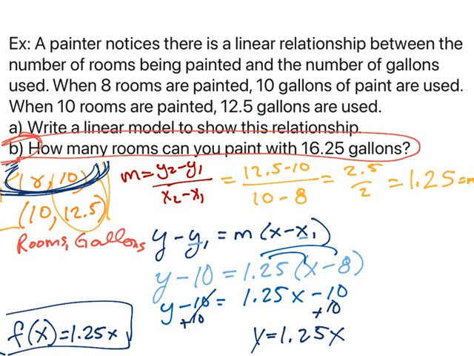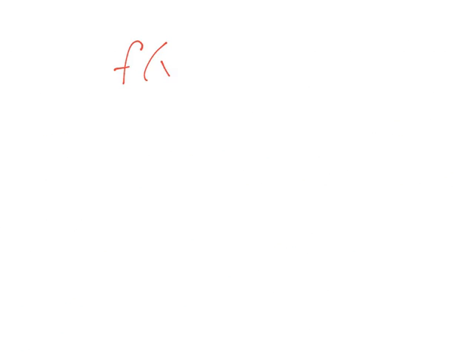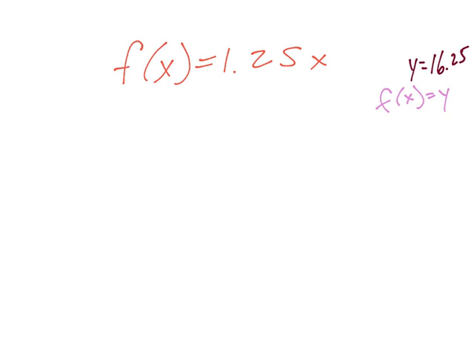So 16.25 gallons is my y value. So if I have the function f of x equals 1.25x, and I know that my y value is 16.25, right? Don't forget that f of x is the same as y. It's the output.